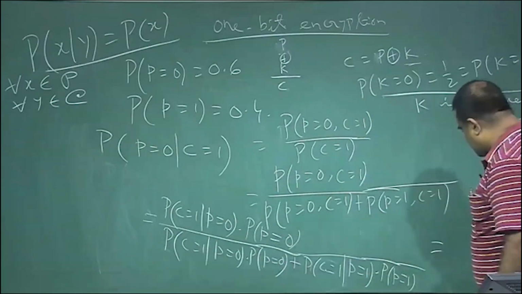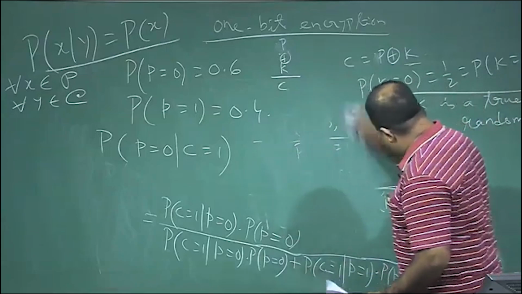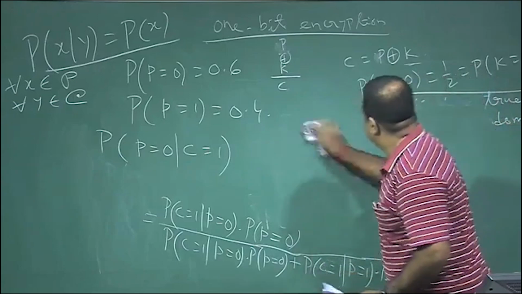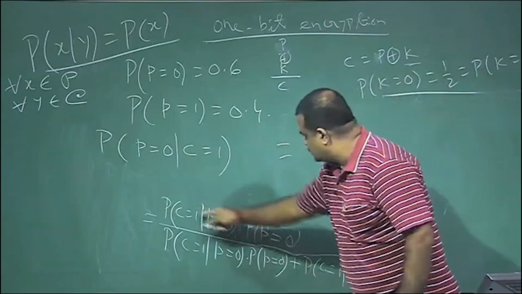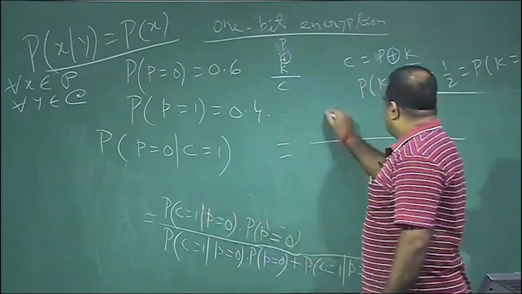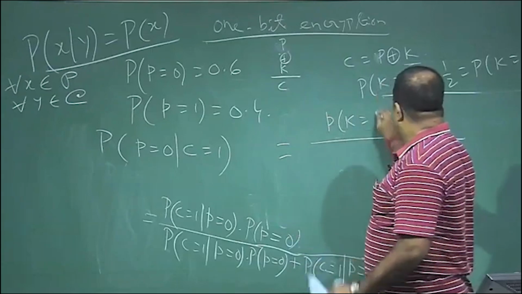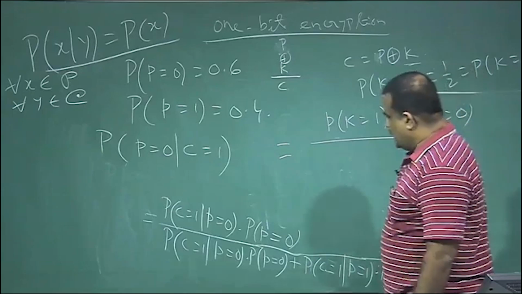So, this is equal to the probability of K must be equal to 1 into the probability of P is equal to 0.